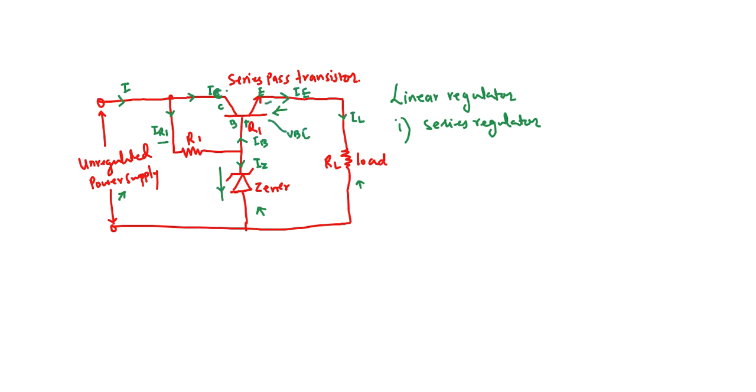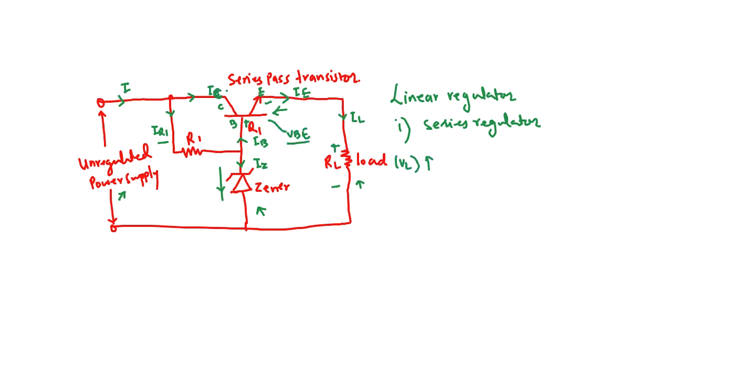The working principle of this circuit is quite simple. Let's say you have an output voltage, that is the voltage across the load, VL. This VL tries to go up, and therefore the voltage drop across the base emitter junction VBE goes down.